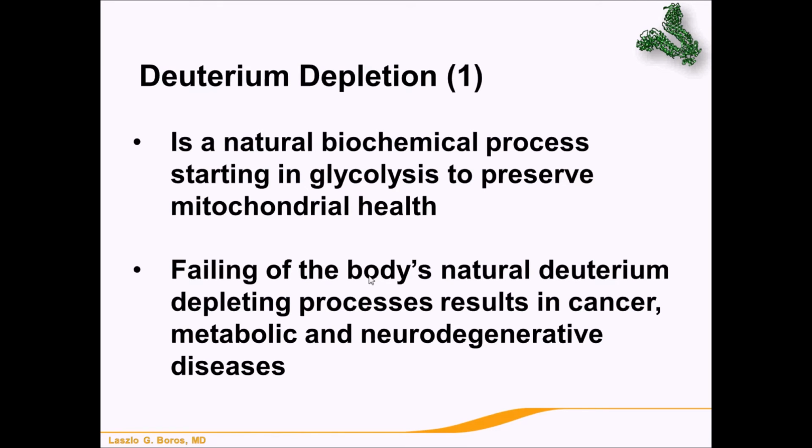And failing the body's natural deuterium depleting processes, we believe, is how aging and how cancer and some metabolic diseases and neurodegenerative diseases occur. And we have evidence of these. There's literature out there which explains these processes.